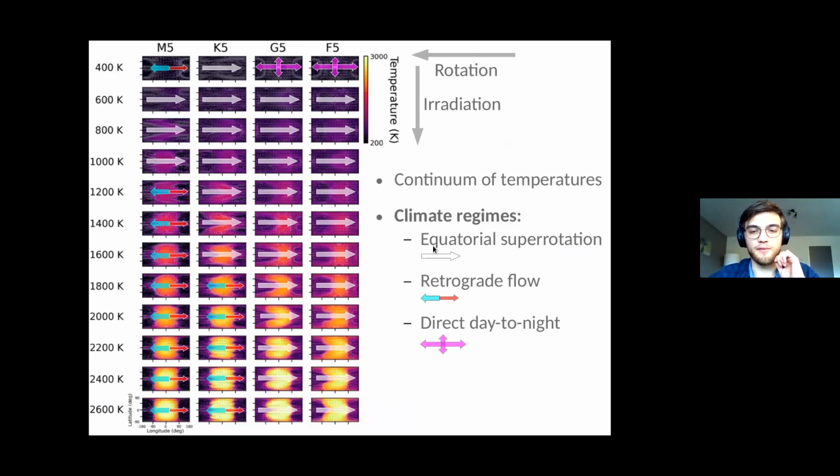But for faster rotating planets, you get also retrograde flow. What I mean by that is that not only on the day side will you have this wind towards the east, but you will also get a component that is westward. And that serves to disturb a little bit the efficient heat advection towards the night side. I think that this could be a part of the answer to that.